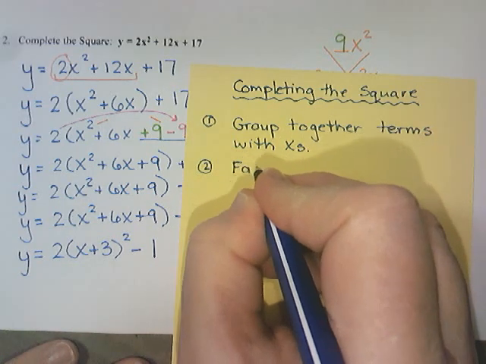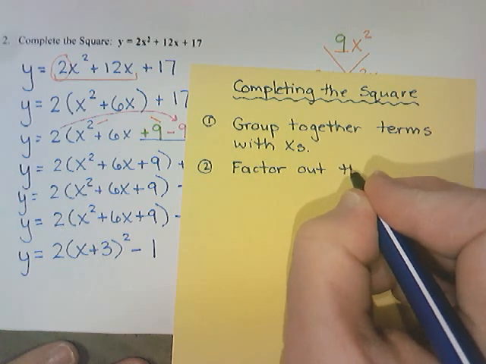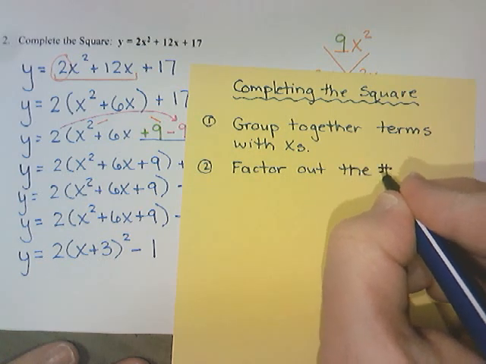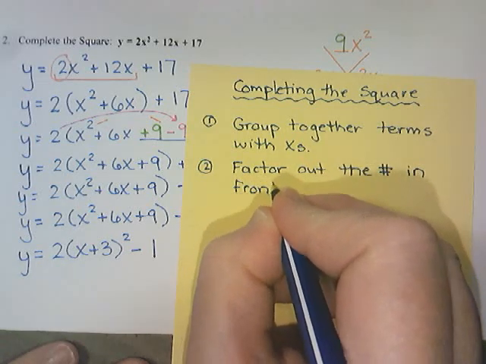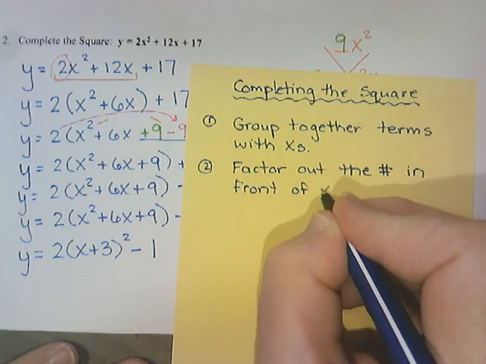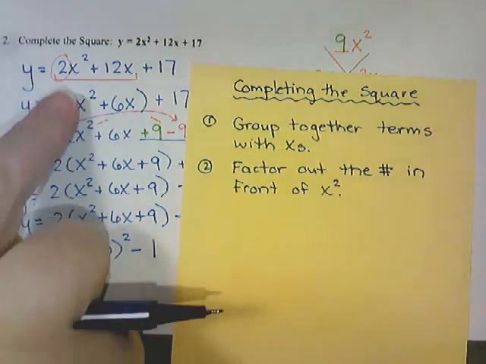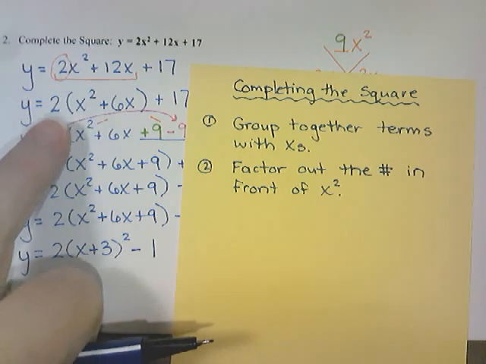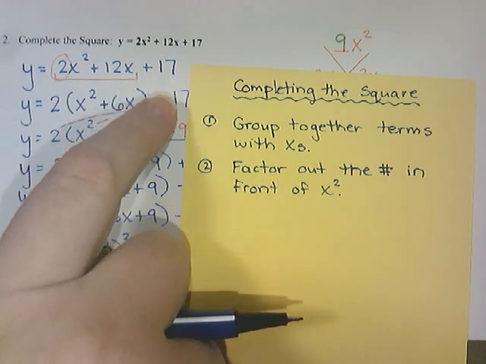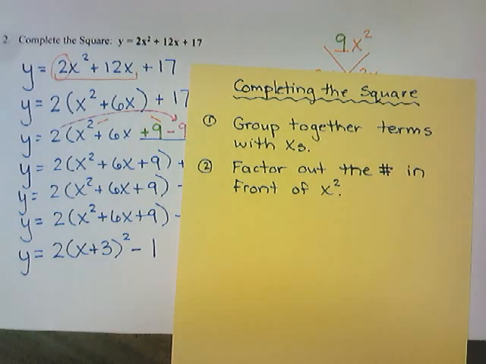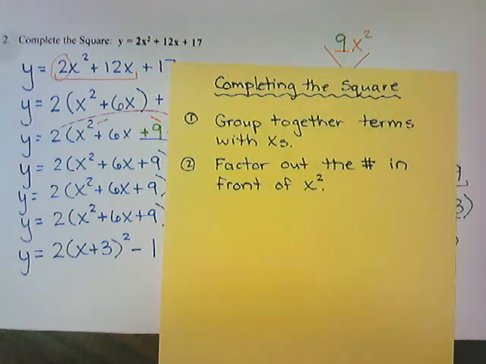So factor out the number in front of x squared. Okay, that's how we started. We grouped together everything that had an x, and then we factored out what was in front of the x squared, right? And that last number had to just patiently wait a very long time for it to actually get its turn to be used.